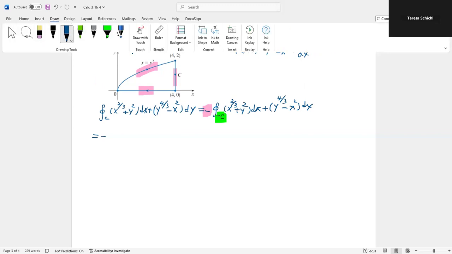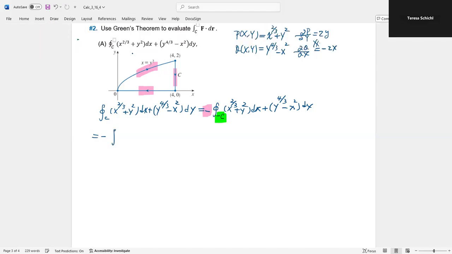So Green's Theorem gives partial Q partial x minus partial P partial y. Partial Q partial x is minus 2x, minus 2y, over this area, my region D, with dA.